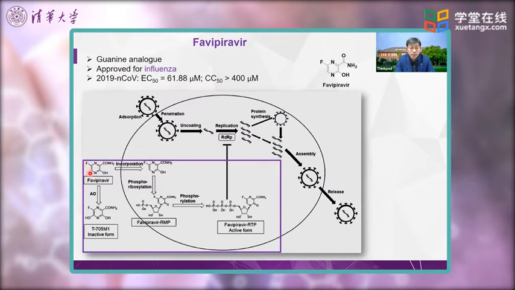Here, you can see how it works. The drug will undergo phosphoribosylation to get this RTP intermediate. Then this intermediate will undergo further phosphorylation to form the active form. And then this active form will block the RNA polymerase activity to stop the viral replication.